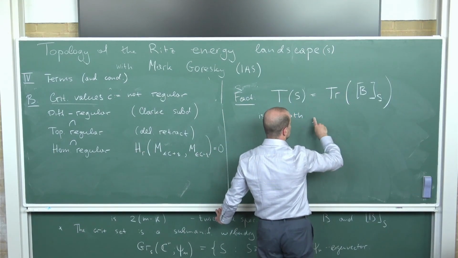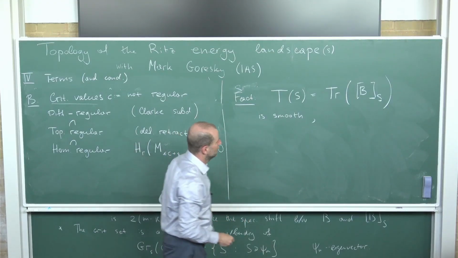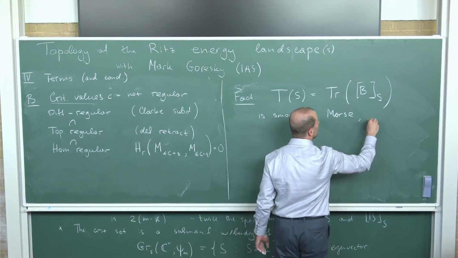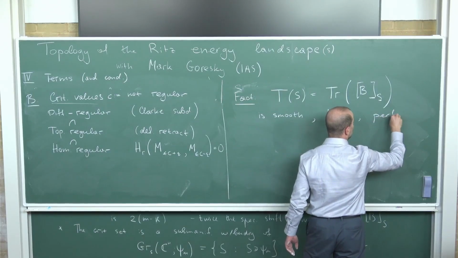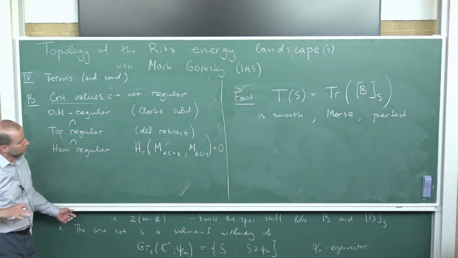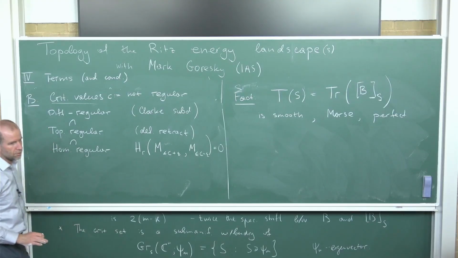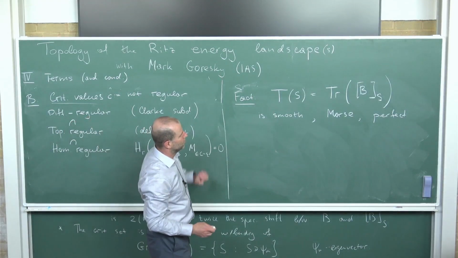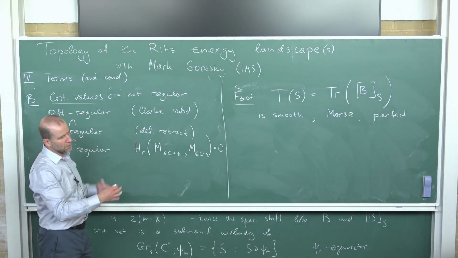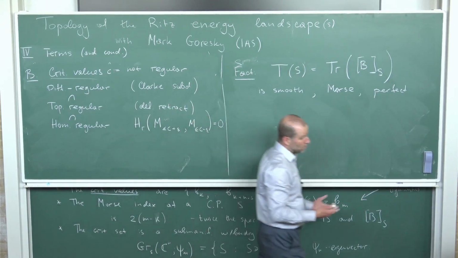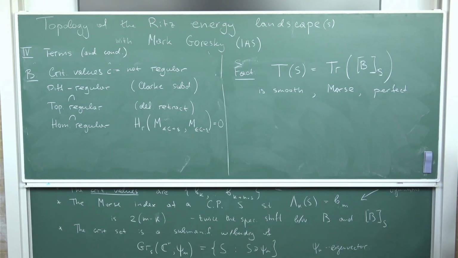Morse in the classical sense, so isolated critical points, and perfect. This is known. It goes back to Bott. Basically, he used something like this in the proof of Bott periodicity, but then it has been rediscovered again and again. Probably he was also not the first one to observe it.